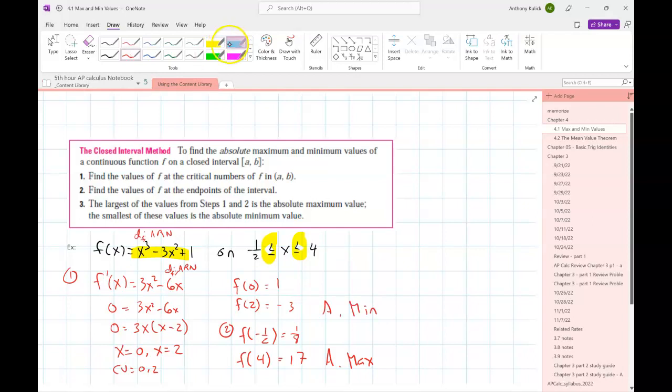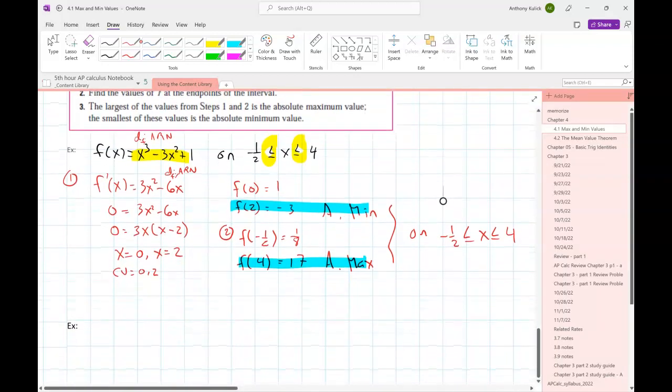Now keep in mind, when I say that, that's the absolute maximum and absolute minimum on the interval from -1/2 to 4. That does not mean over the domain of the function. That means those are the absolute minimum and absolute maximum on that closed interval, not over the domain.